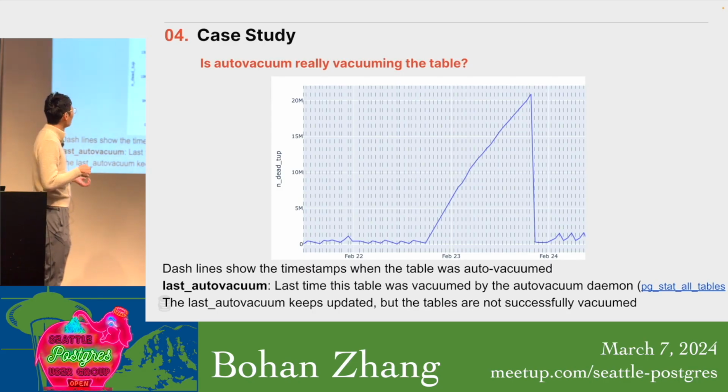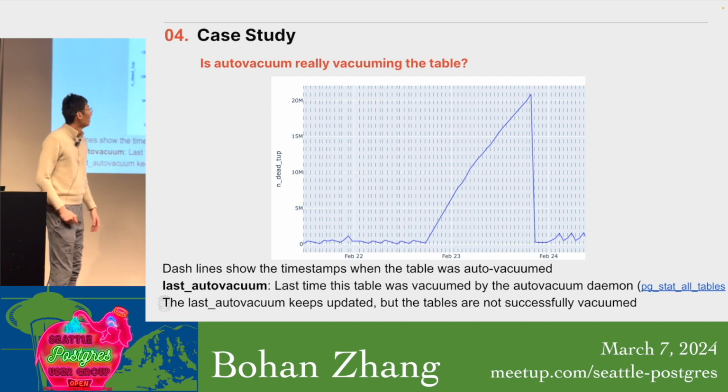So this metric shows this table is vacuumed regularly, but however, the number of dead tuples of that table increases continuously. It's not dropping, which means although the statistic shows autovacuum is executed, it does not vacuum the table successfully. This figure shows the number of dead tuples of that table.